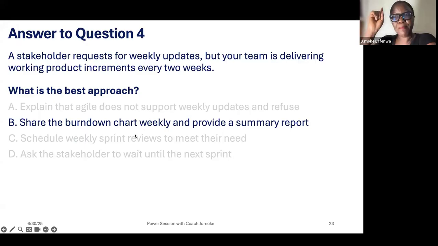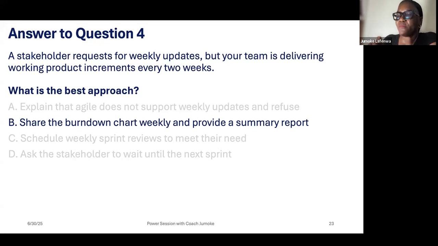You share the burn down chart. Remember what burn down chart is. If it is iteration by iteration, if your burn chart is reflecting the iterations, it means you have a release plan that every 3 months you will release this. And within the release period, you have the number of iterations that you can accomplish.